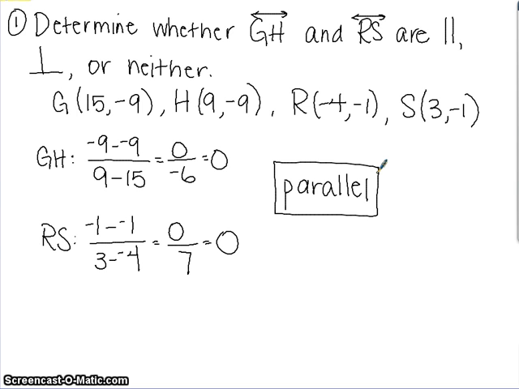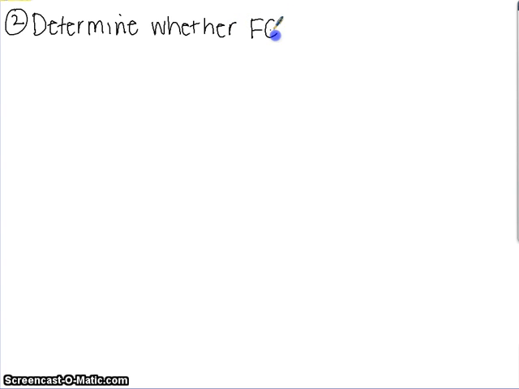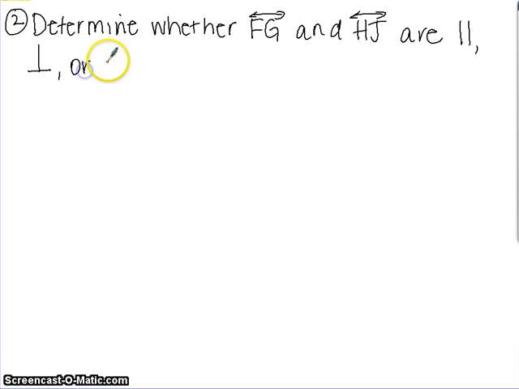Let's do another one like this. Okay, so same directions, only I changed the letters here. So determine whether FG and HJ are parallel, perpendicular, or neither.